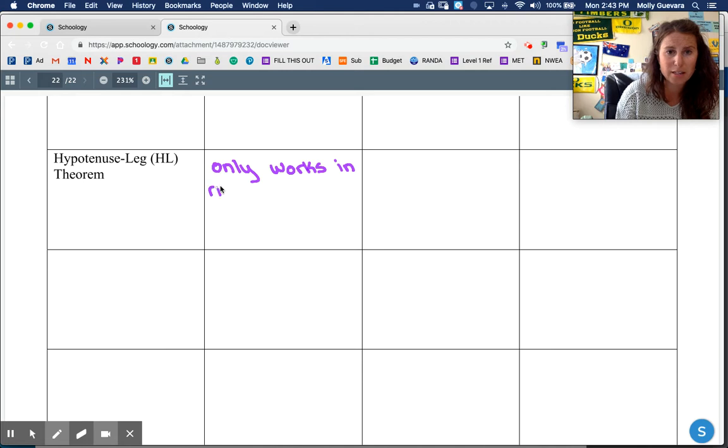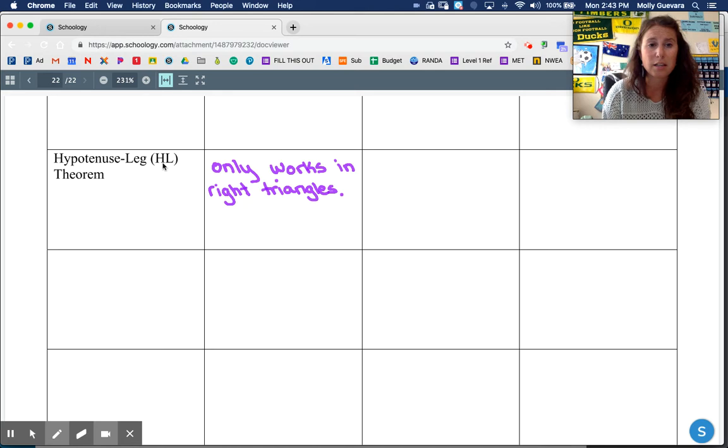If you don't have a right triangle, then you cannot use HL, because there is no hypotenuse if you don't have a right triangle, and there is no leg if you don't have a right triangle. So in order to even have a hypotenuse and a leg, you have to have a right triangle.